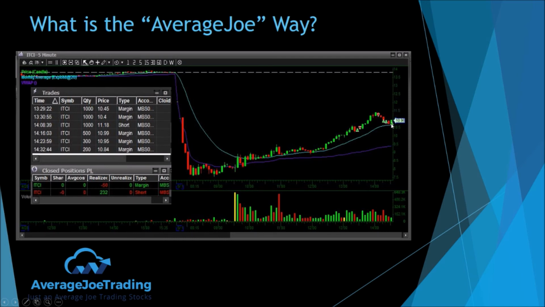And we had 3 covers. We didn't get below the 20. But still, $232. Lost 50 on this accident here. But what can you say? I don't even think I made $232 a day teaching. But that's not bad. And this was just a trade after lunch.